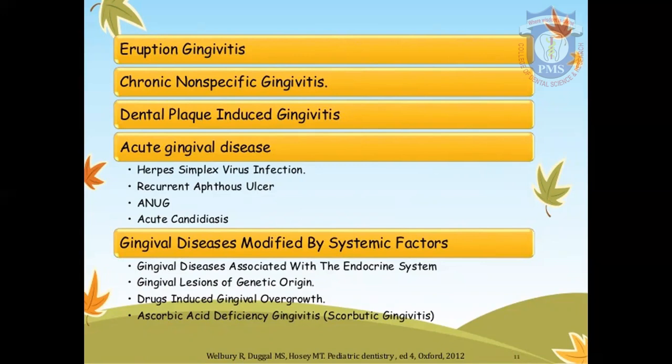Finally, gingival diseases that are modified by systemic factors, which include gingival diseases associated with the endocrine system, gingival lesions of genetic origin, drug-induced gingival overgrowth, and finally, ascorbic acid deficiency gingivitis or scorbutic gingivitis. Now let's see one by one.